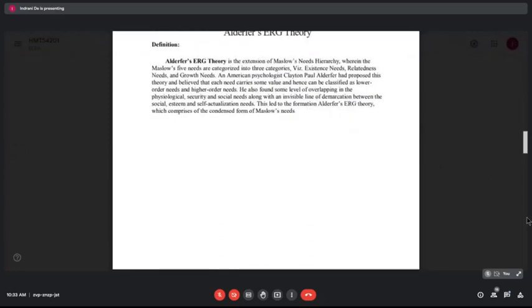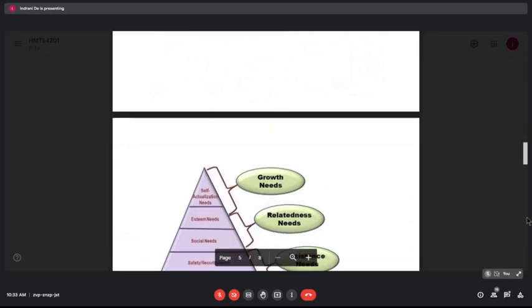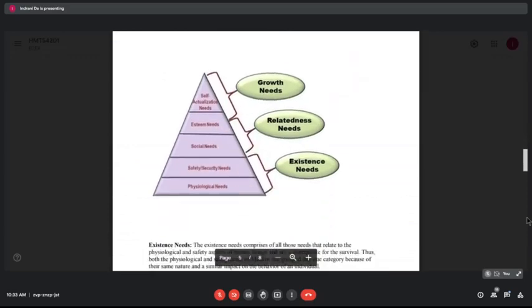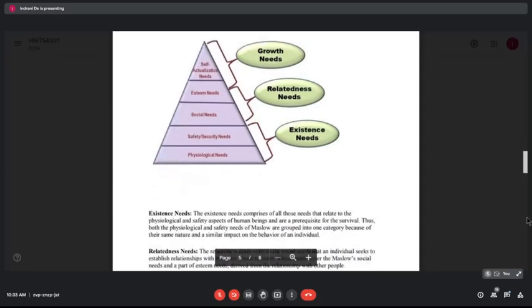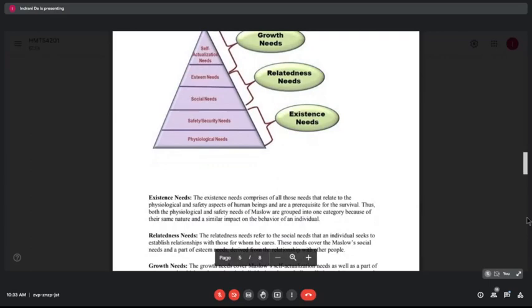If you look at this diagram, you will be able to understand. According to Alderfer, there should be three types of needs only: existence, relatedness, and growth. Existence needs comprise all those needs that relate to the physiological and safety aspects of human beings.